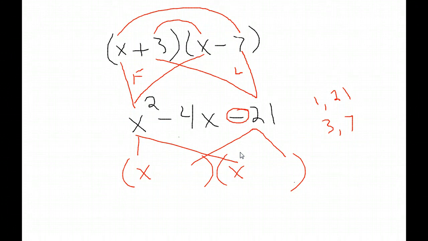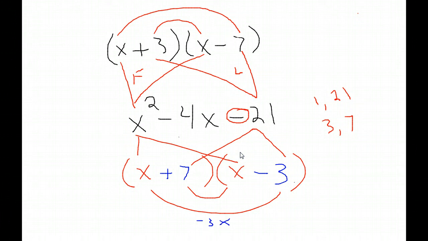So I start putting the numbers in and I check my O and my I and see which one will give me a negative 21. If I try, let's say I put a 7 and a 3 and I think that this is minus and this is plus, check your O and your I. I get a negative 3x and I get a plus 7x.